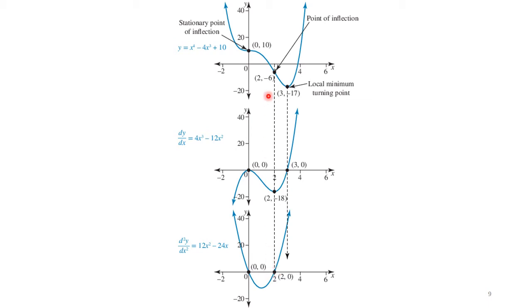If I look at this point, you can see that it is concaving down, and then after this point, the curve is concaving up. It is a point of inflection. But is this a stationary point of inflection? Let's look at the second derivative. It's not, because the second derivative is not at 0.